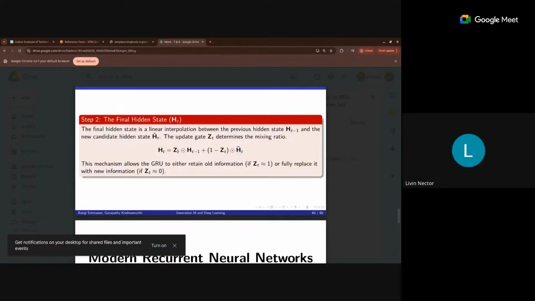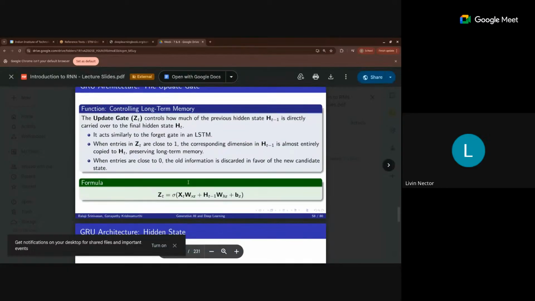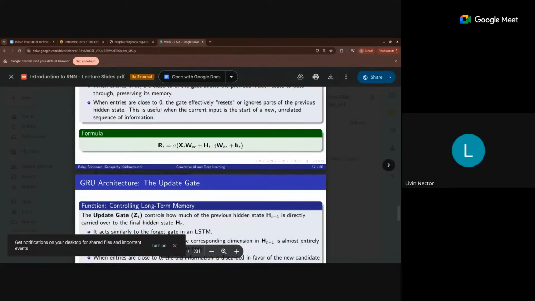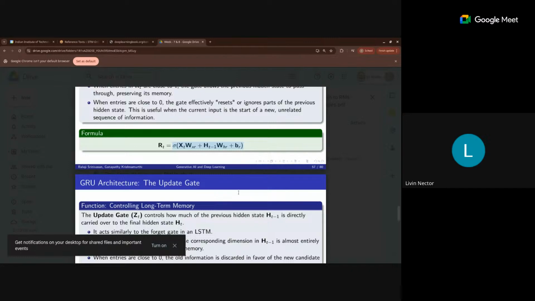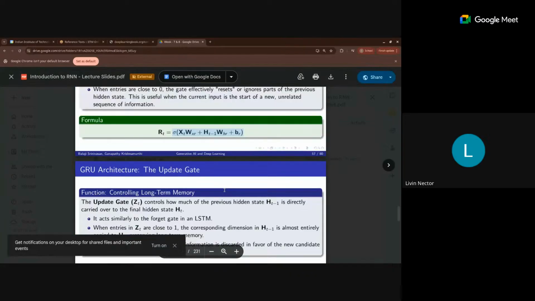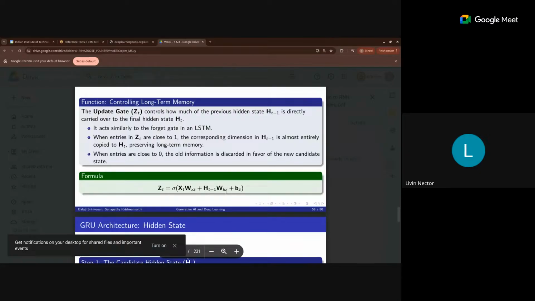And this is also computed just like any other gate. You see this one, same equation, just with different weights. These two are exactly the same equation with the R replaced with Z. So all the gate equations look the same: sigmoid with linear combinations of inputs and the hidden states.